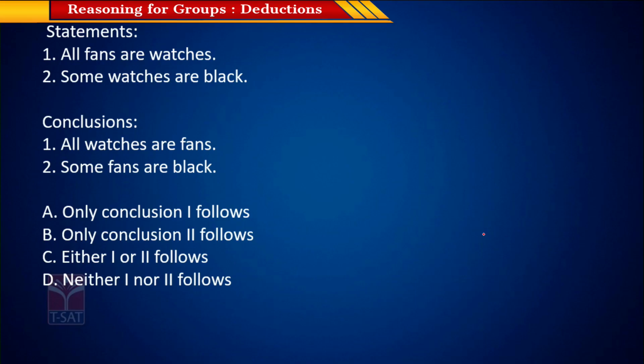The statements say all fans are watches, some watches are black. These are the two statements, and the conclusions are all watches are fans and some fans are black. Okay, so you have fans and all of these fans are watches. And you have some of these watches which are black, correct? So can you conclude that all watches are fans?